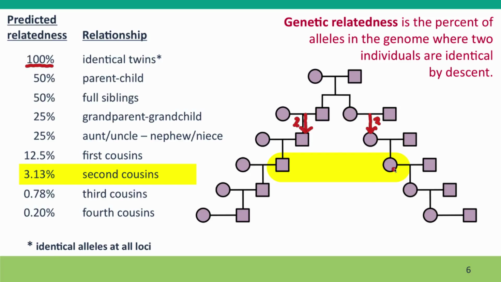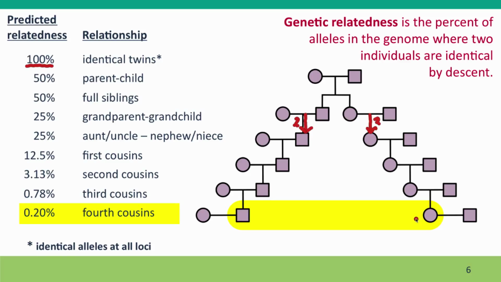So second cousins only have about 3% of their alleles in common. Third cousins only have less than 1%, and fourth cousins only about 0.2%. Now, it's these third, fourth, and further cousins that are the relationships that 23andMe most commonly finds, because we all have many more third and fourth and fifth cousins than we have first or second cousins.